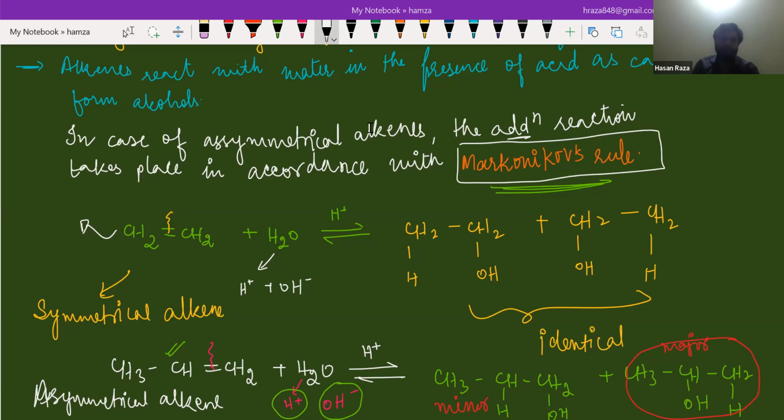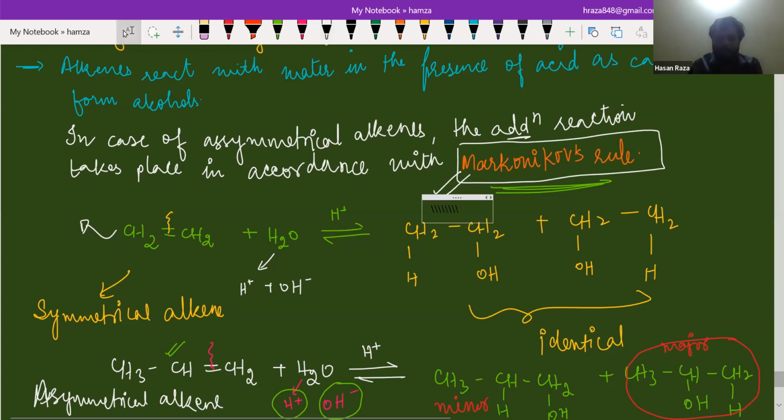So how do we know which product is minor or major? Alia, have you studied Markovnikov's rule? Do you know what Markovnikov says?